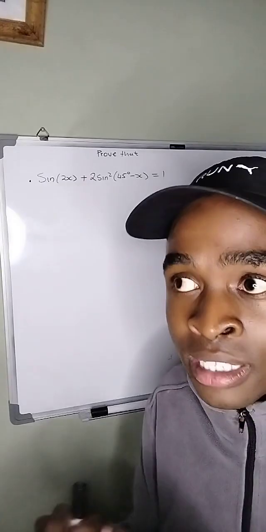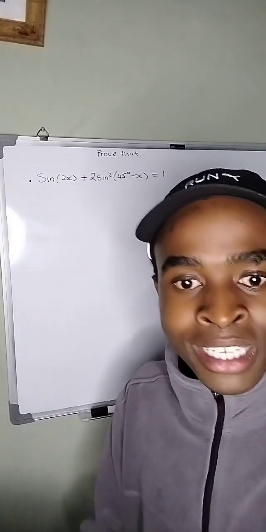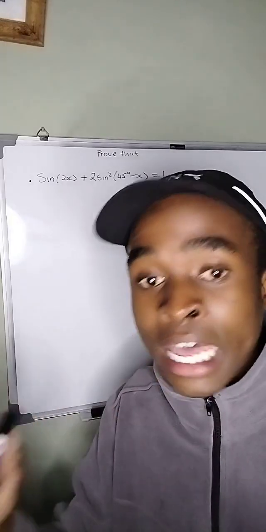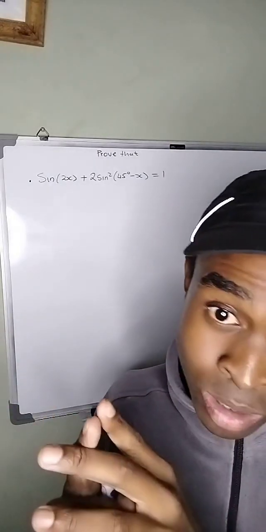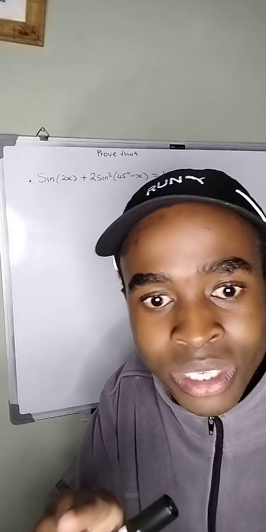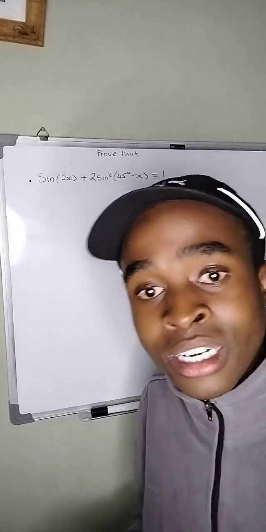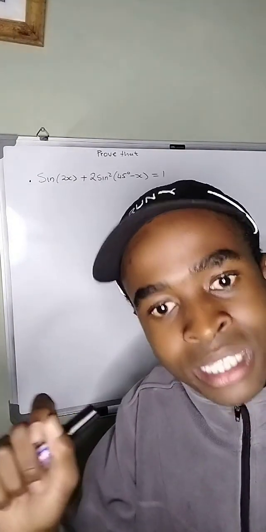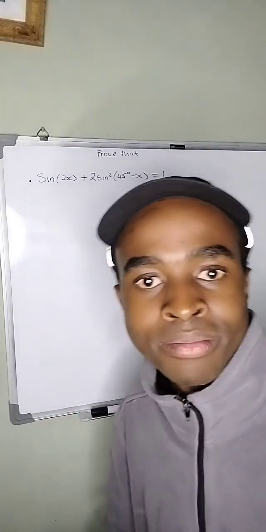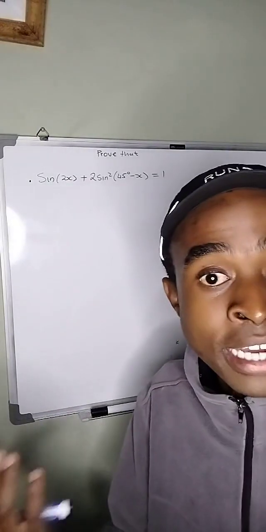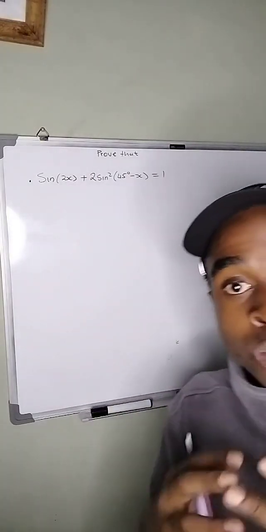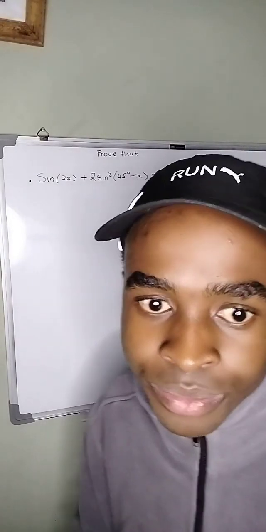A double angle is two angles of the same nature being added together. X and X, they are of the same nature. When they are added together, they make two terms. X plus Y, they are of different nature. When you add them, you don't get anything. 45 and X, they are of different nature, so it's a compound.